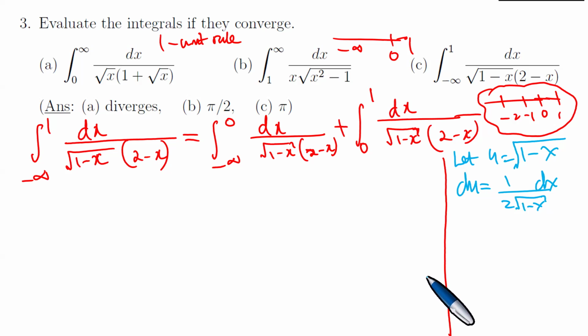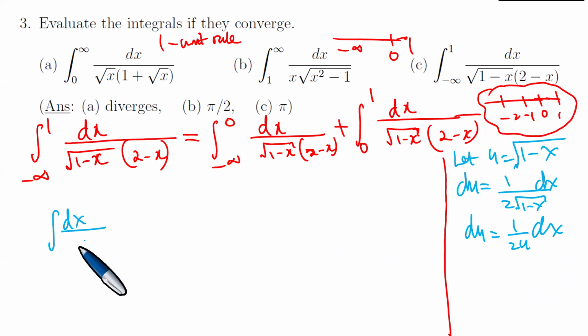And then if you find this integral here, which should be du, 1 over 2u dx. Okay, let us just do the integral for now, because it's going to involve a little bit more work. So you have the dx over square root of 1 minus x, 2 minus x.